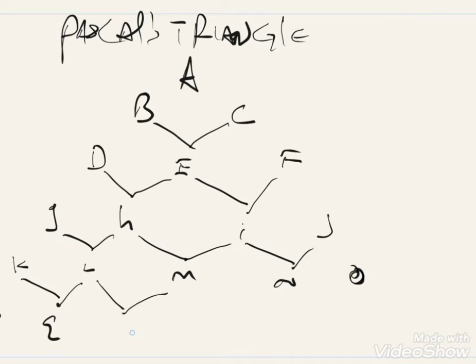Summing L and M, I have R. Summing M and N, I have S. Summing N and O, I have T. Then I have at the extreme here U. And in that way, do you see how I'm having the triangular or the pyramid formula?